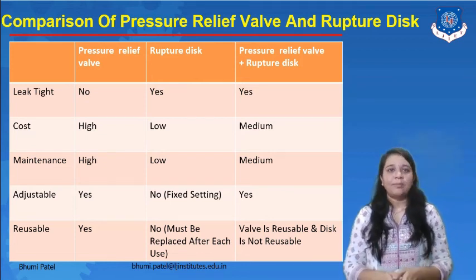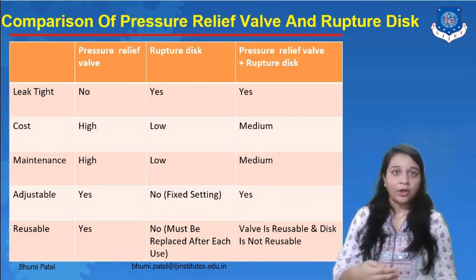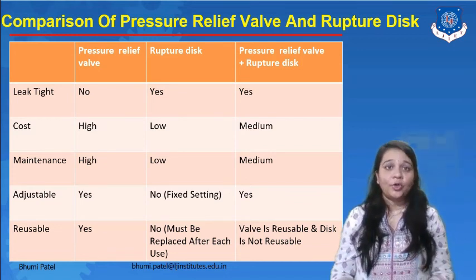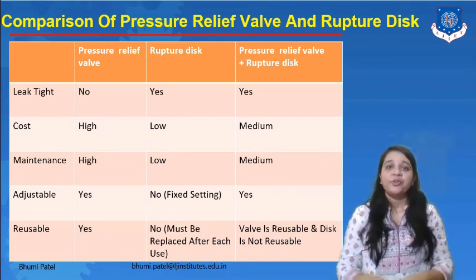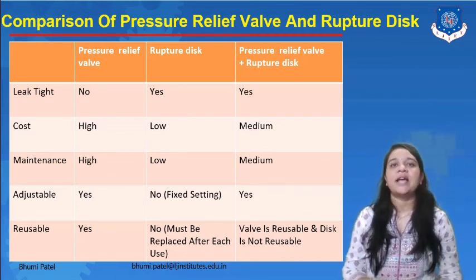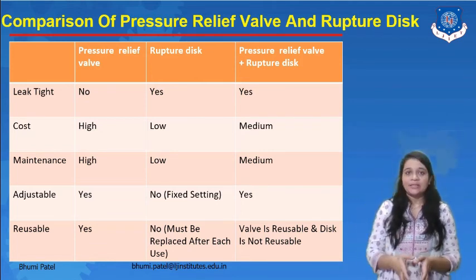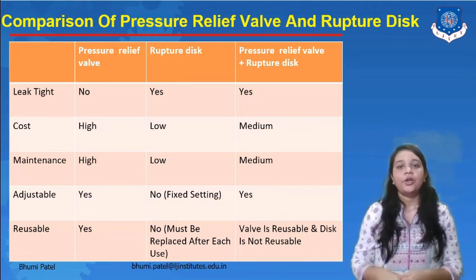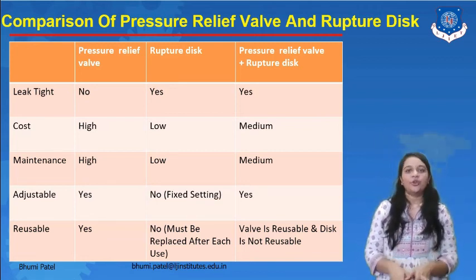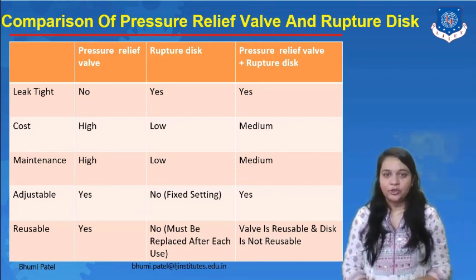Okay, now reusable. Pressure relief valve we can use multiple times in the same control valve or in another control valve. Rupture disc is used only one time, so it must be replaced after each use. If we use a pressure relief valve as well as a rupture disc in the same control valve, the valve is reusable, but the disc is not.